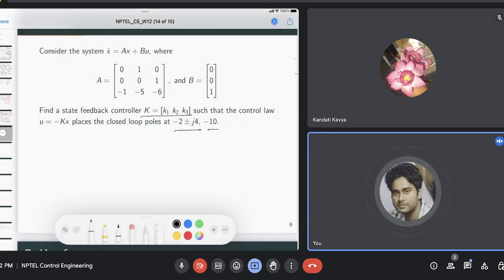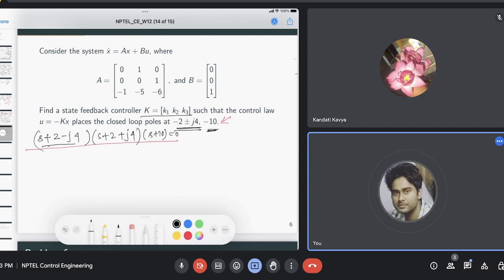These poles are at one complex conjugate pair, that is the dominant poles, and the other is at 10. So you can write (s plus 2 minus j4)(s plus 2 plus j4)(s plus 10). This will give the characteristic equation for the desired pole locations. Then we just simplify that.